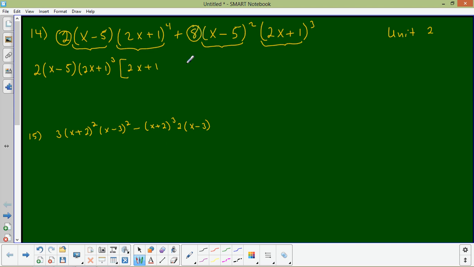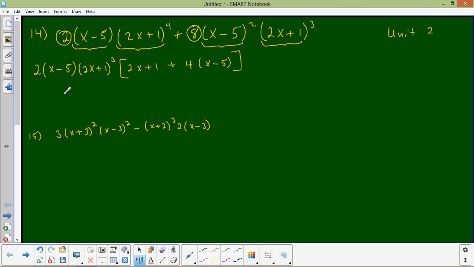Okay? The second part of the expression, the 8 divided by the 2, gives you a 4. The x minus 5 squared divided by x minus 5 to the first is going to leave you with an x minus 5. Subtract the exponents when you divide common base quantities. And then 2x plus 1 to the third was divided by 2x plus 1 to the third, so that's a multiple of 1.